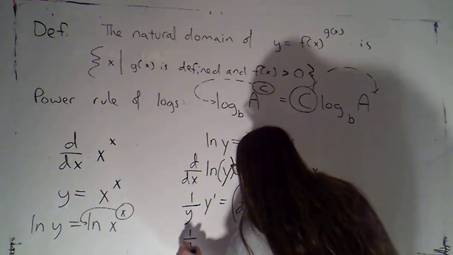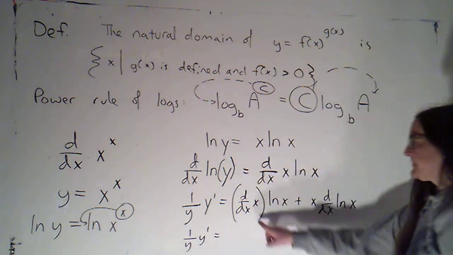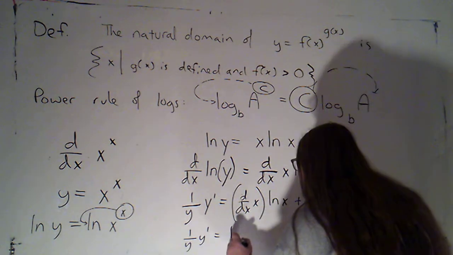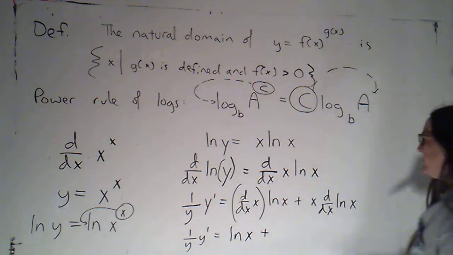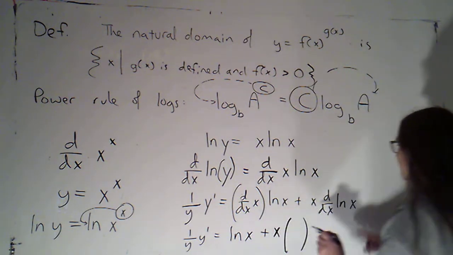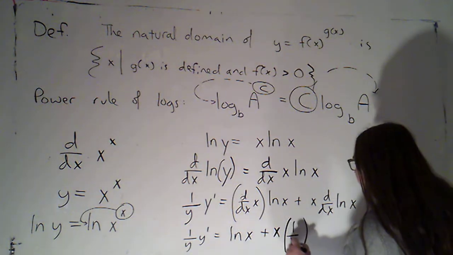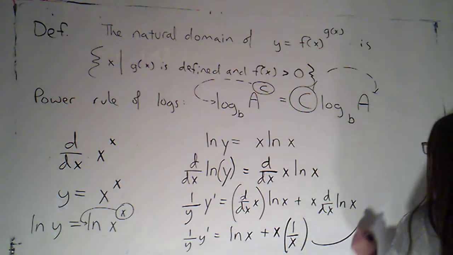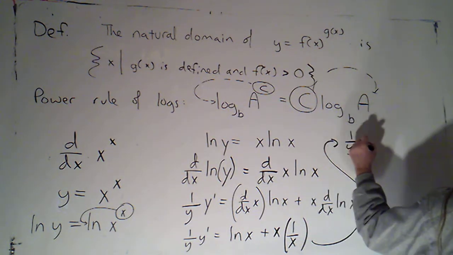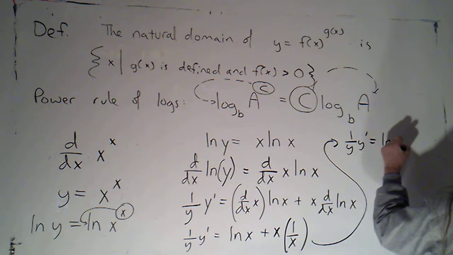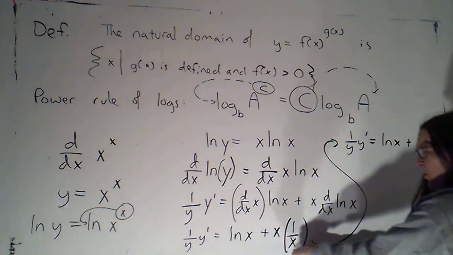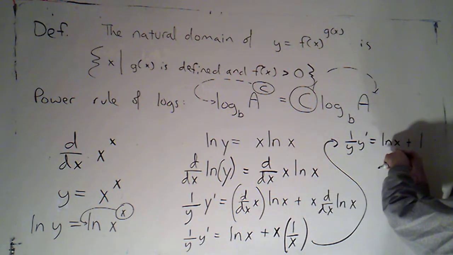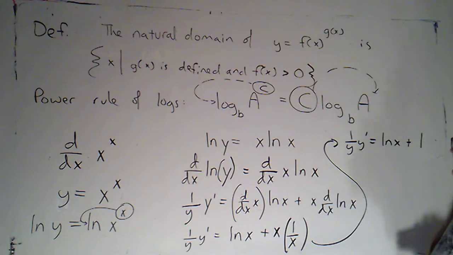So we have 1 over y times y prime equals the derivative of x, which is just 1, times the natural log of x, plus x times the derivative of the natural log of x, which is 1 over x. And if I want to, I can go ahead and cancel that x over x. So I can say 1 over y times y prime equals the natural log of x plus 1. I don't want to lose the information that x can't be 0, but I can still see that x can't be 0 because I'm plugging it into the natural log function.